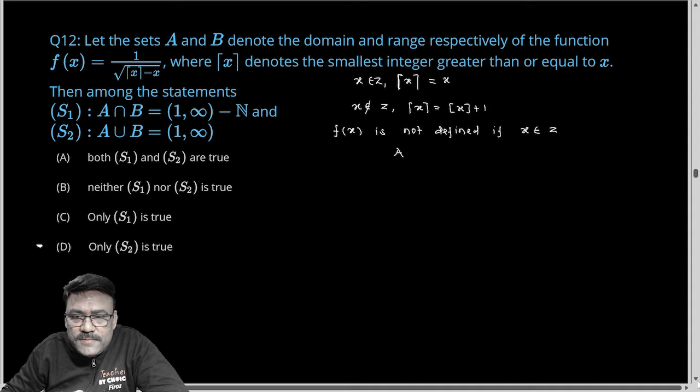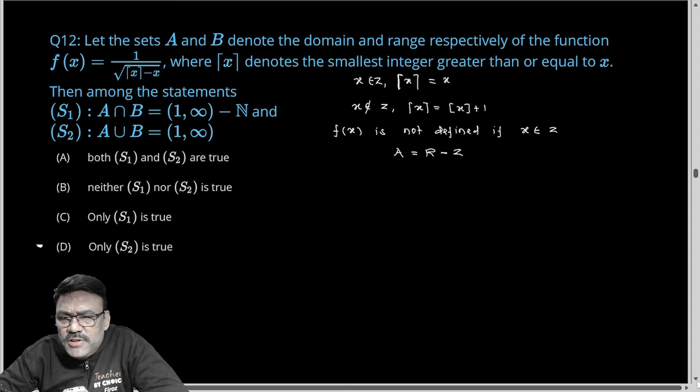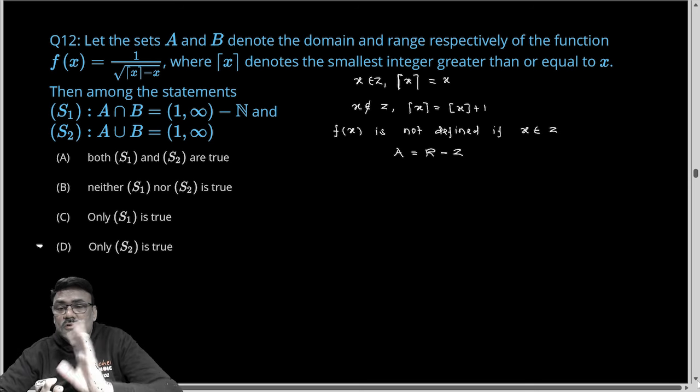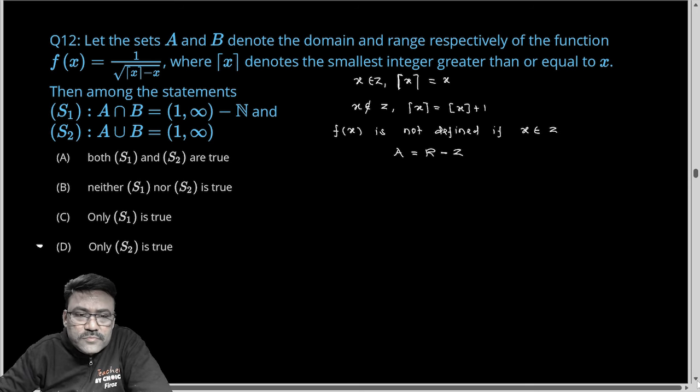Domain contains all real numbers except integers. So obviously B statement is true. A contains all real numbers except integers, so A union B should also contain all real numbers except integers. So obviously S2 is false. This statement S2 is false.